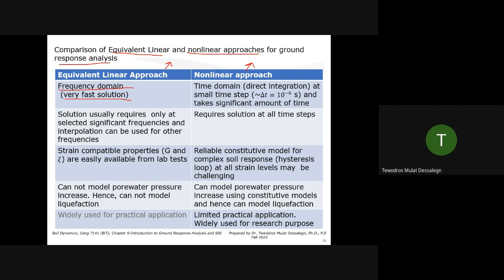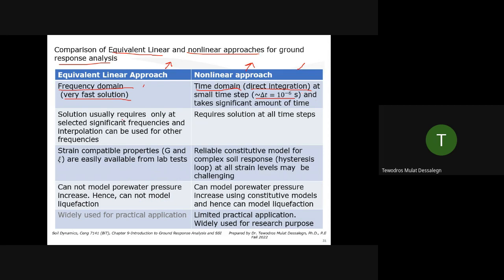You can solve it for selected frequencies and combine results at the end. Nonlinear approaches are in the time domain, with direct integration of the wave equation at a small time step, 10 raised to minus 6. You pick some delta t, solve it, all those finite elements, then you pick another delta t. It's very time-consuming. You go step by step.